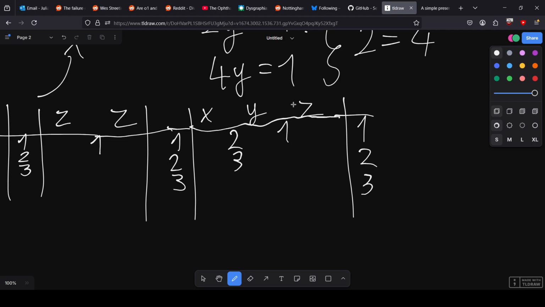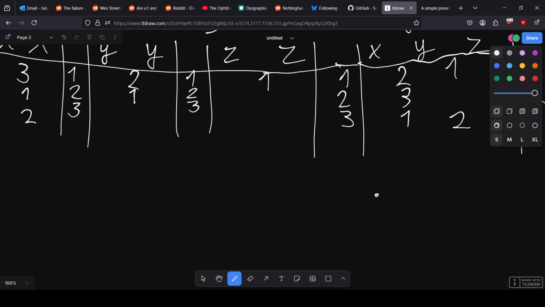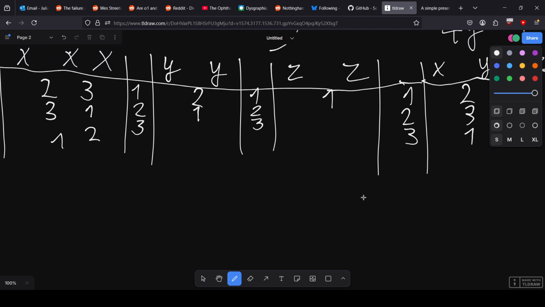Now, 3 by x has to go to 1. Y, if we go back to the left, we have that it goes to 2. And z, as a result, has to move 2 to 3. So far, we have that x moves 1 to 2, 2 to 3, and 3 to 1.